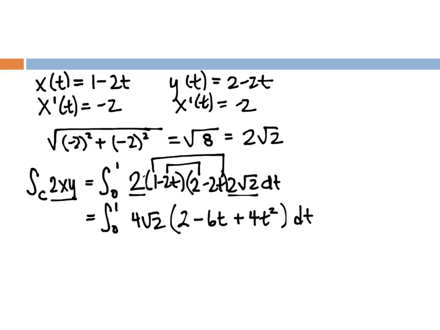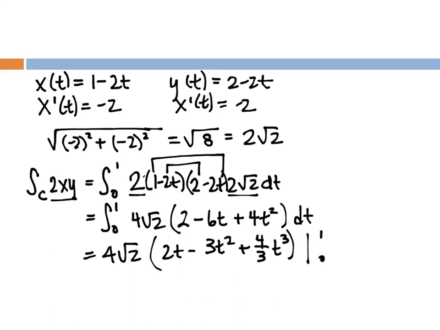If you'd like, we can do the 4 square root of 2 later. We don't even have to deal with it, right? And we can integrate. That's actually a better option even yet. So we've got 2t minus 3t squared plus 4/3 t cubed. Integration with the number 1 in a polynomial is fantastic because it's just the coefficients.